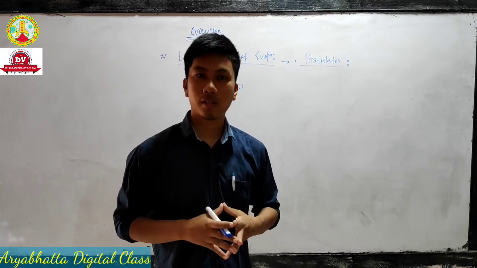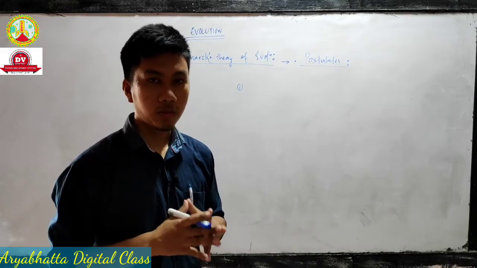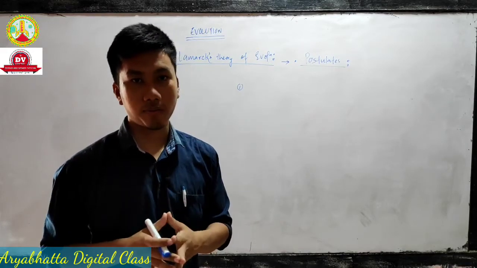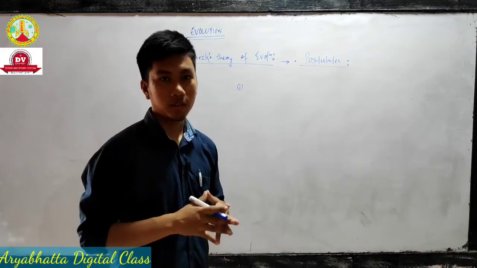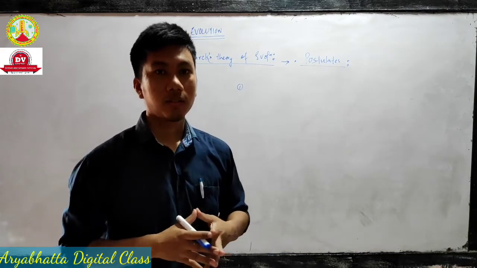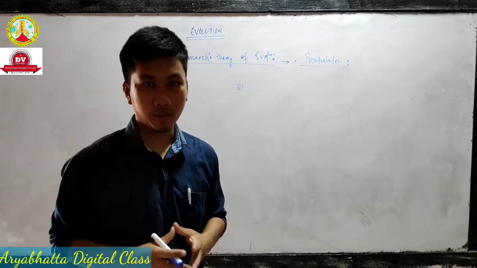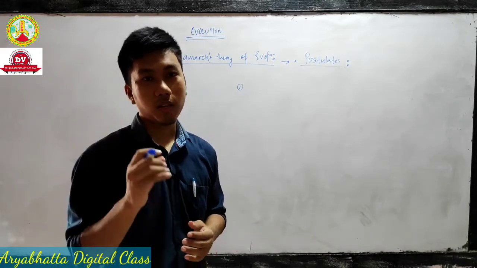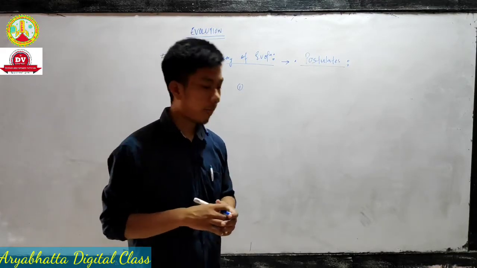Here we can take one example, which is given by Lamarck. During the evolution of life, according to Lamarck, there was a donkey kind of animal. Okay, it doesn't look exactly like a donkey, or exactly like a horse.